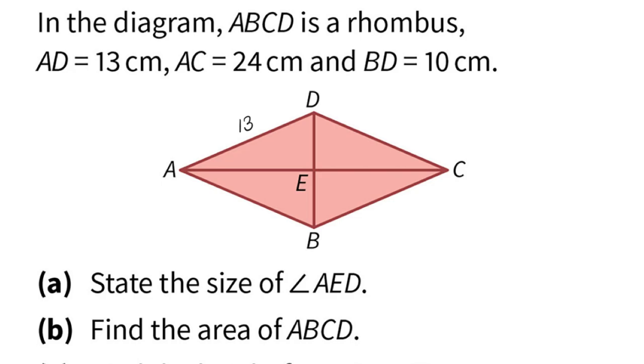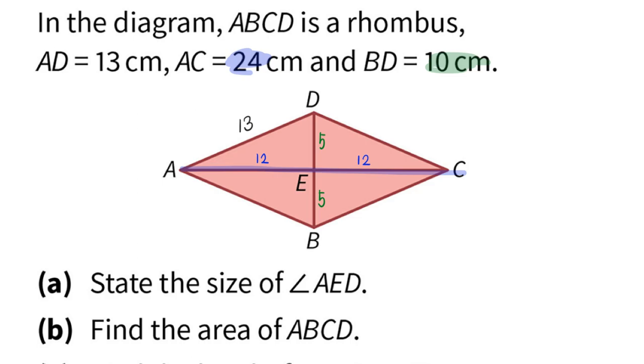So AC, and do take note that because this is a rhombus, the diagonals bisect each other, which means that I will have 12 here and 12 here. They add up to 24. And for this BD is 10, which means that this will be 5 and this will be 5.